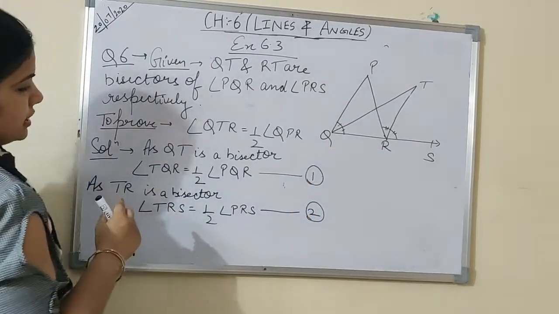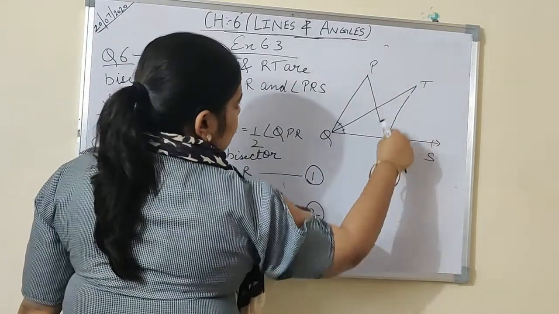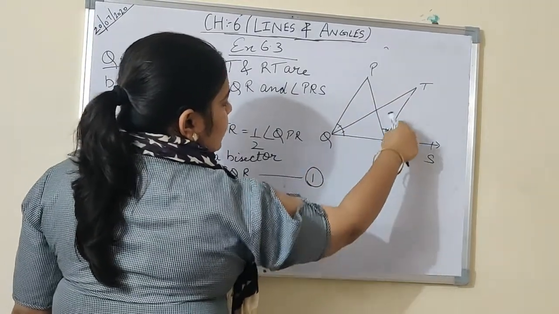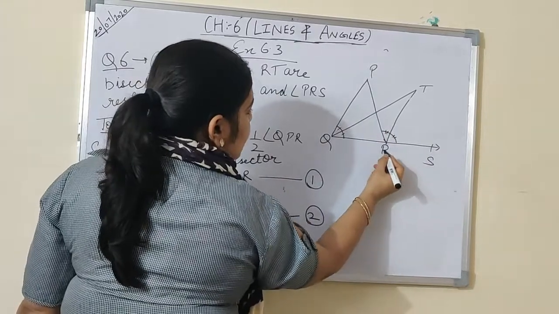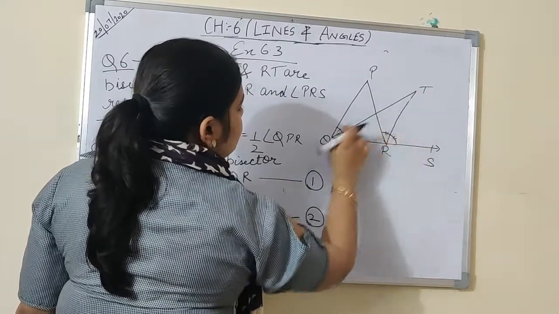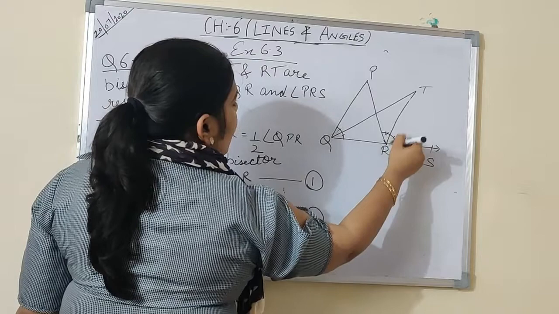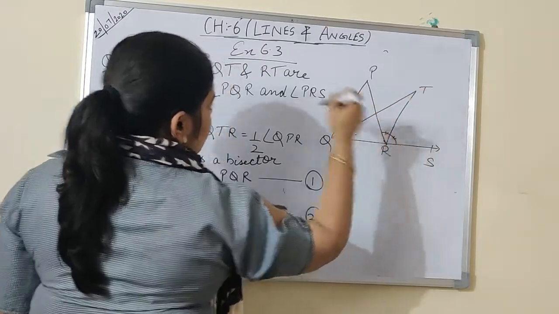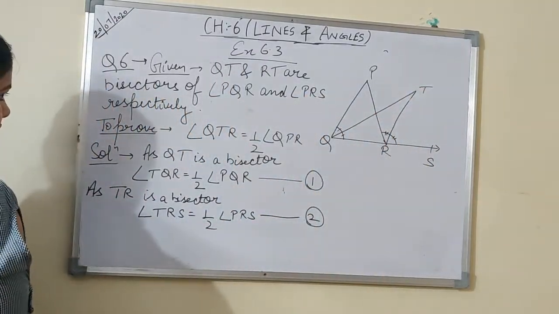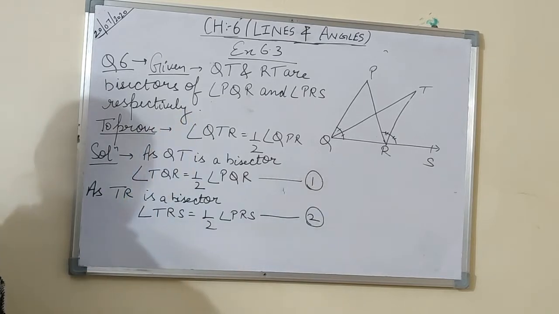Now we will apply exterior angle property in triangle QTR. You can see here that angle TRS is acting as an exterior angle for triangle QTR, and angle RTQ and TQR are acting as interior opposite angles for triangle QTR.